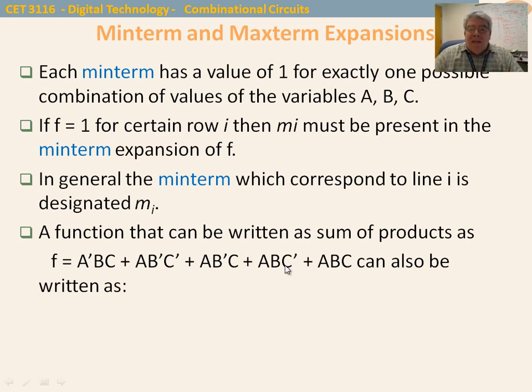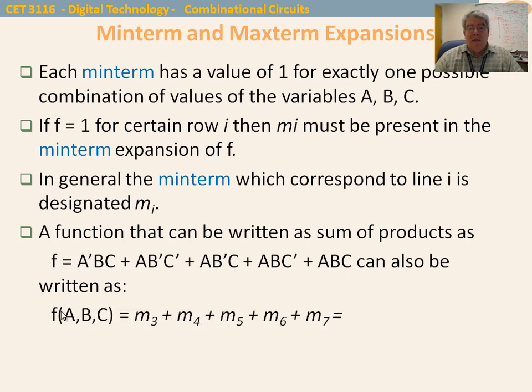Now, there's a compact notation for that, and when we want to express the function in terms of minterms, this is what we have. So in this case, that will correspond to the 0, 1, 1, right? This is a row that makes this term 1, and that will correspond to 0, 1, 1, which corresponds to minterm 3. 1, 0, 0 will be 4, and so on and so forth.